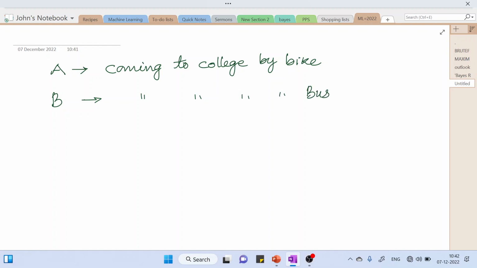Now these are independent, because when you go on bike, you may stop somewhere, have some tea or something like that. When you are in the bus, it may stop for somebody. A and B are independent. That means the probability of A and B together is the probability of A into the probability of B.